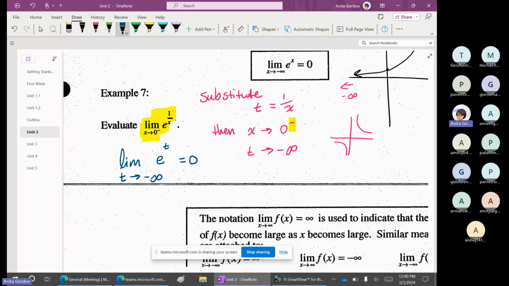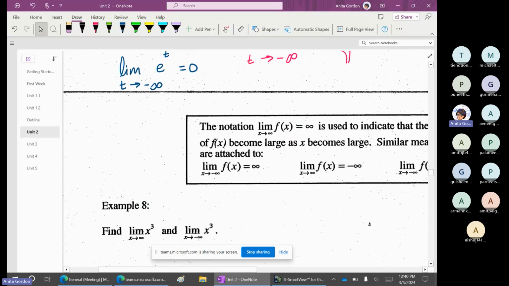So as we substitute 1 over x for t, when we do a substitution, your limits and your restrictions must change with your substitution. So if you make a substitution to make it look like the box, we have to focus on the restriction as well.